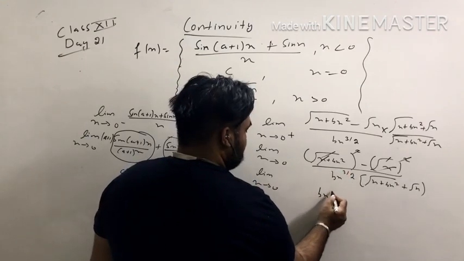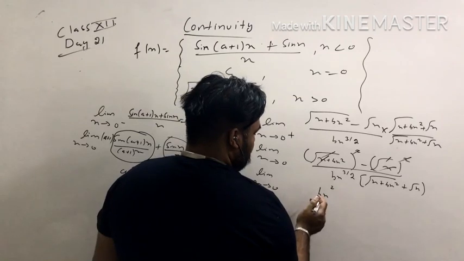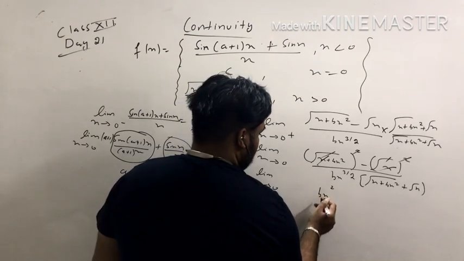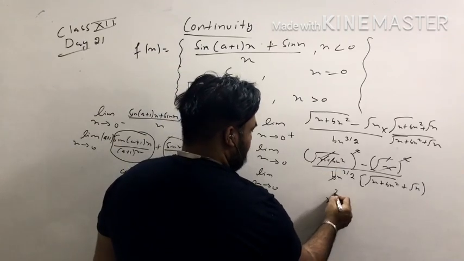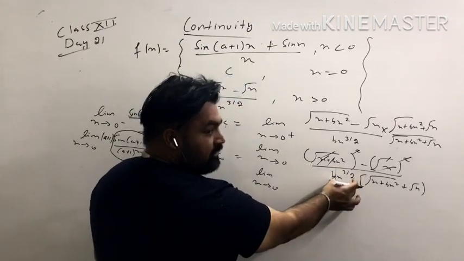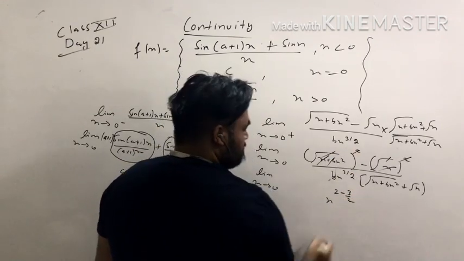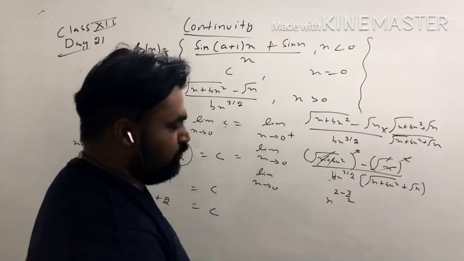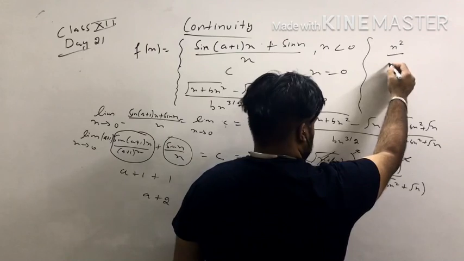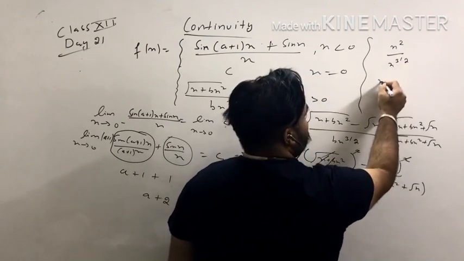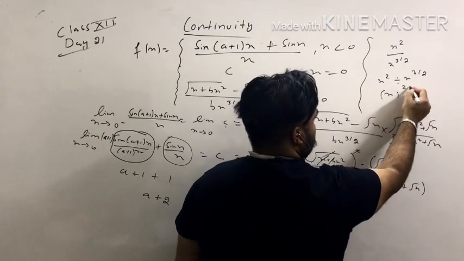Now b x square, b cancel. Now we are left with x square. Shift the powers of x to numerator form. This becomes 2 minus 3 by 2. We can write x square upon x to the power 3 by 2, base same.